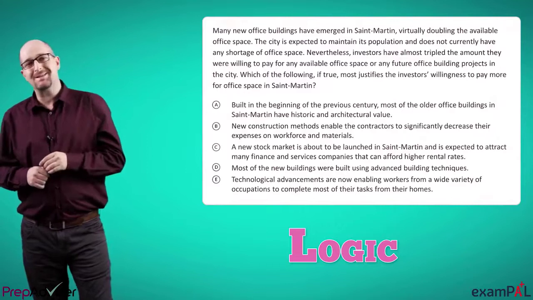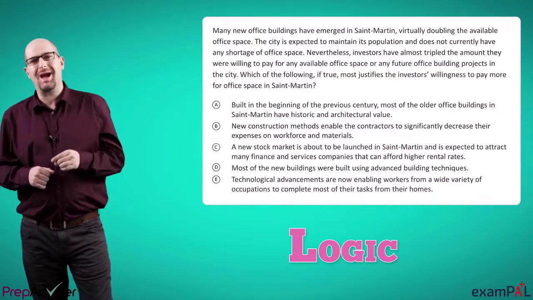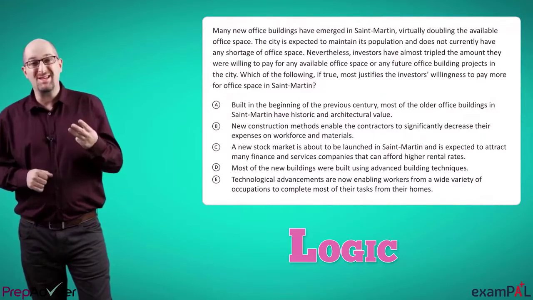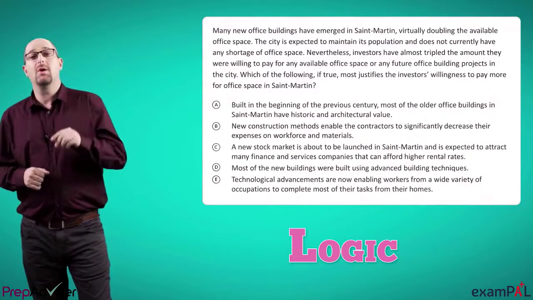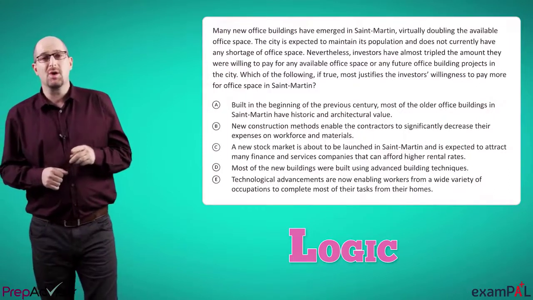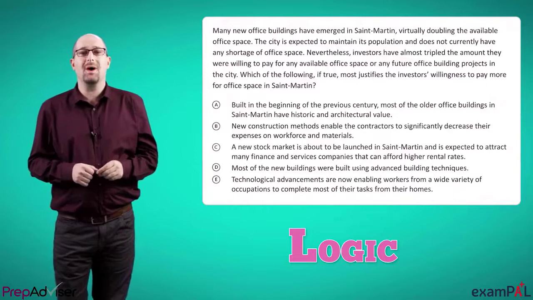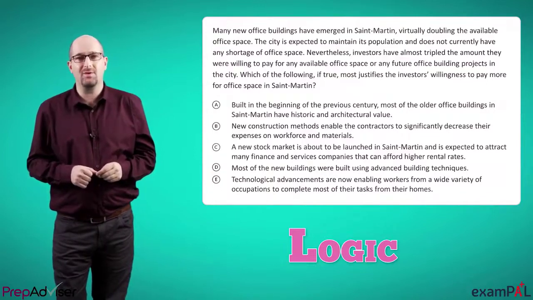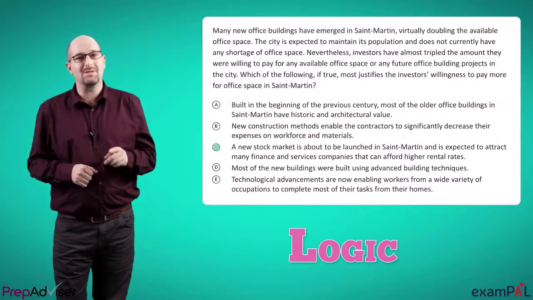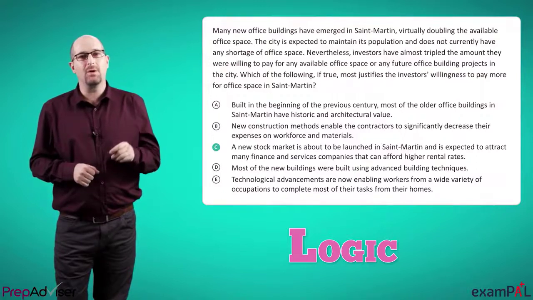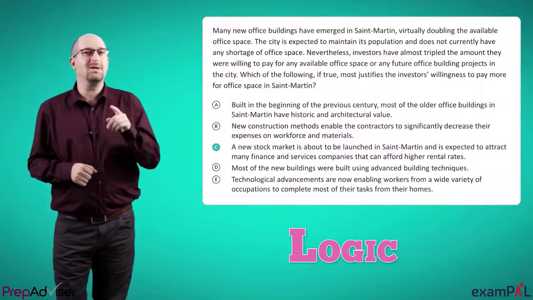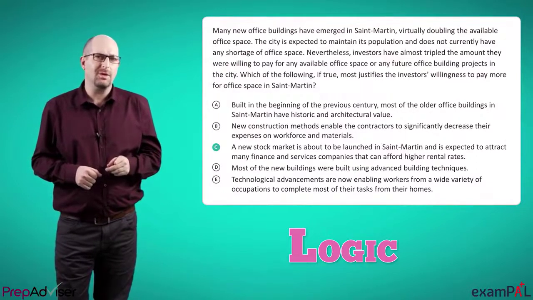And since the passage tells us their costs are actually higher, 3 times as much, we know we are looking for an answer choice which gives us a reason as to why they can expect higher revenue. And that's exactly what C provides. Can afford higher rental rates means higher revenue.